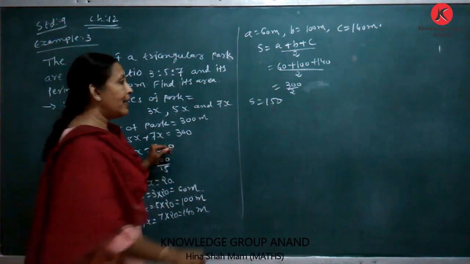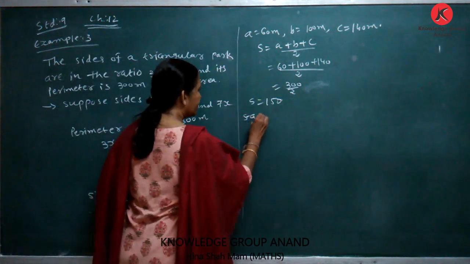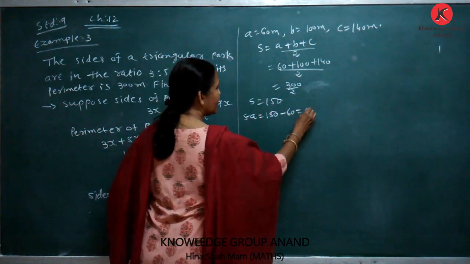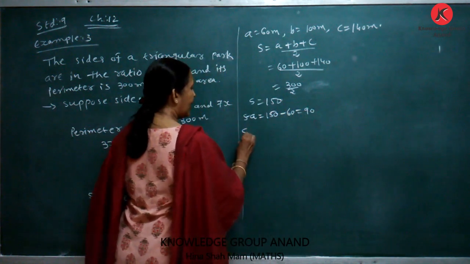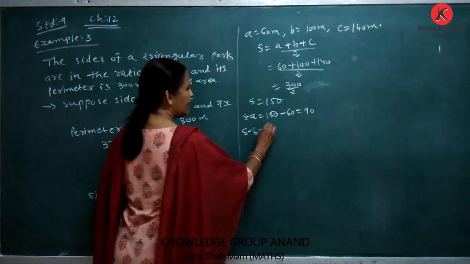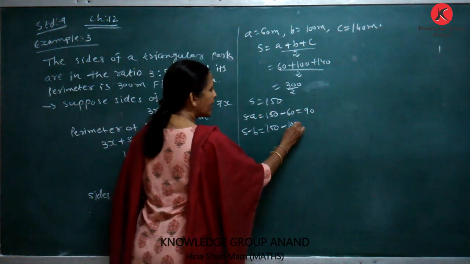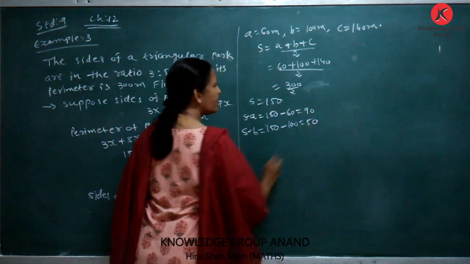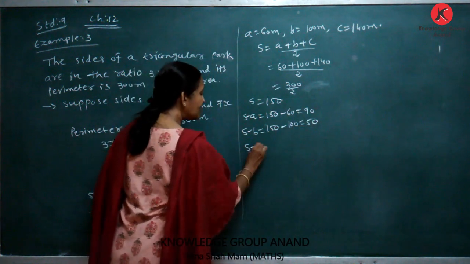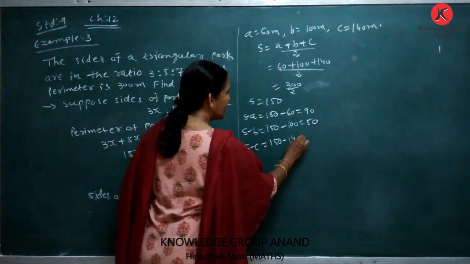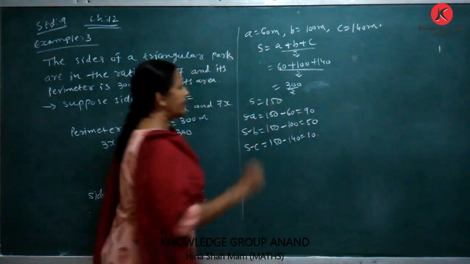Now find S minus A. 150 minus 60 is equal to 90. S minus B is equal to 150 minus 100 is equal to 50. And S minus C, 150 minus 140 is equal to 10.